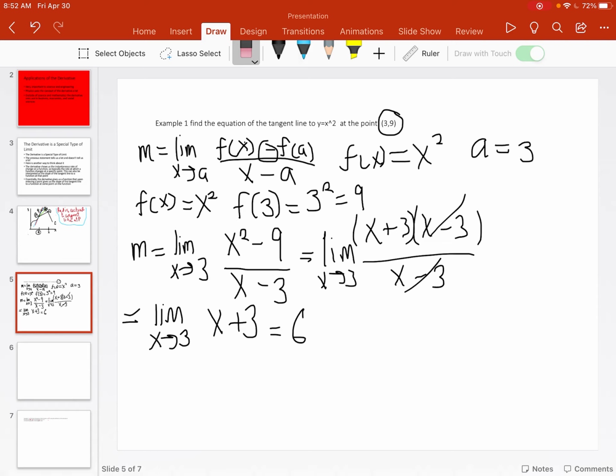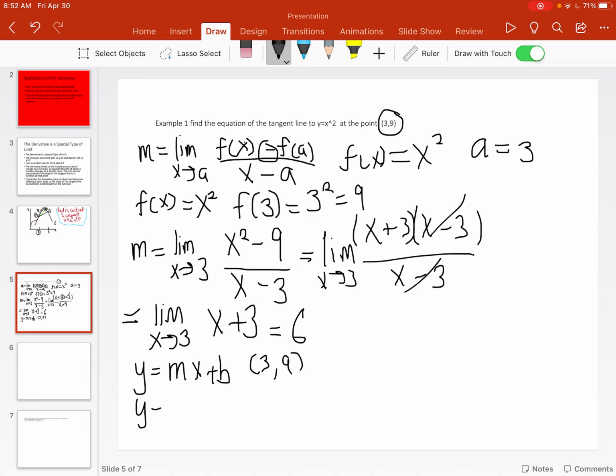So let's take this a step further. What's the equation of this tangent line? We have the slope, but what's the equation? Recall, the equation of a line from pre-calc is mx plus b. You should be no stranger to this. So we have the point 3, 9, and we have the slope.